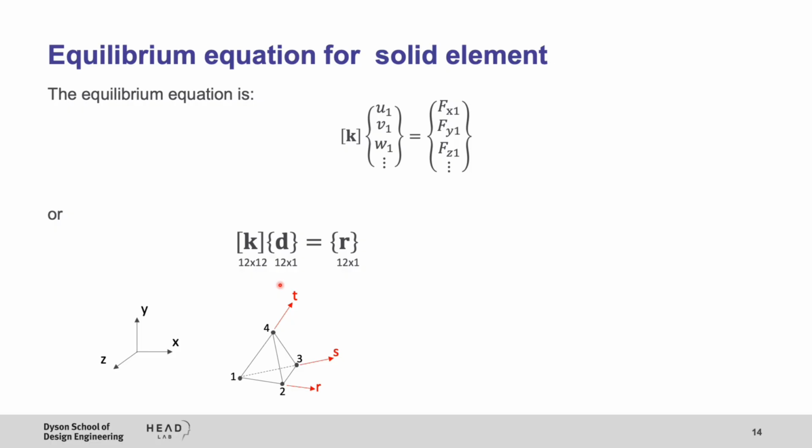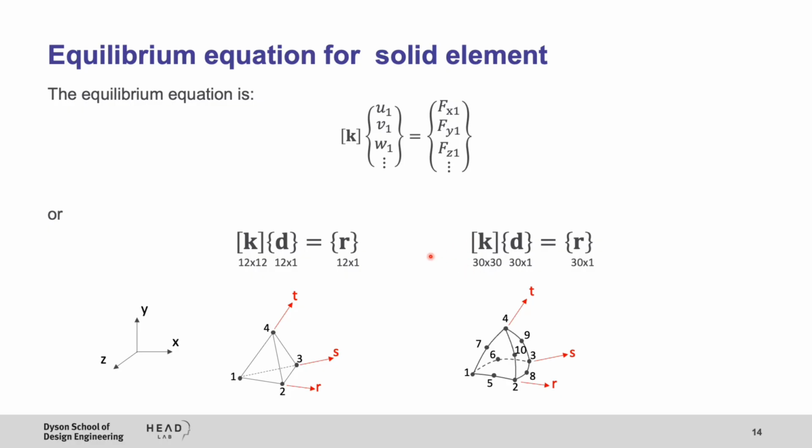Here I have shown this equation for a linear tetrahedral element, and you can see for a linear tetrahedral element we have 12 degrees of freedom, and therefore this is the size of this vector, and the size of the element stiffness matrix is 12 by 12. For the quadratic tetrahedral elements, however, the size is larger: we have 30 degrees of freedom, and this is the size of the different vectors and matrices here.